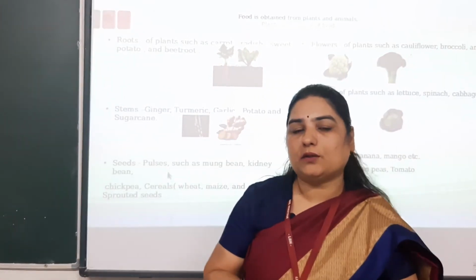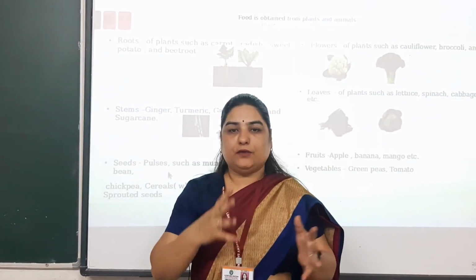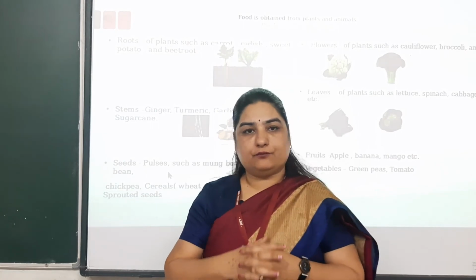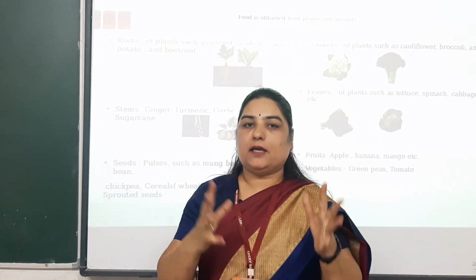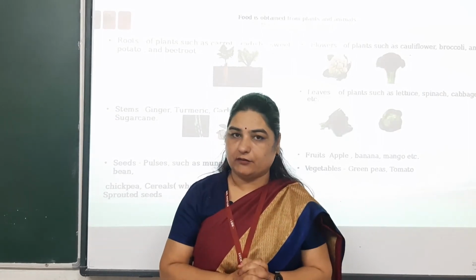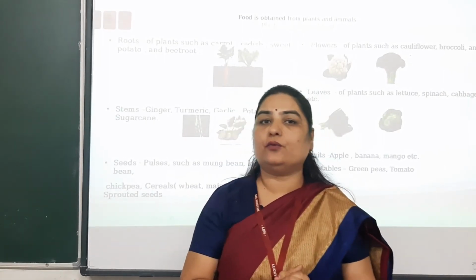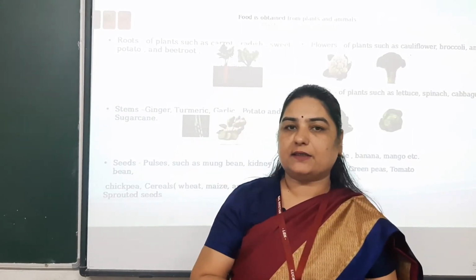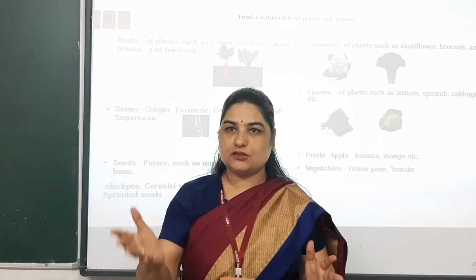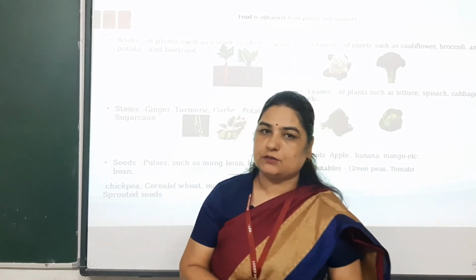Okay, so children, what did we learn today? We learned why we eat food. We eat food to get energy for proper growth and development of our body, because food contains nutrients. Then there are two sources of food, that is plant sources and animal sources.